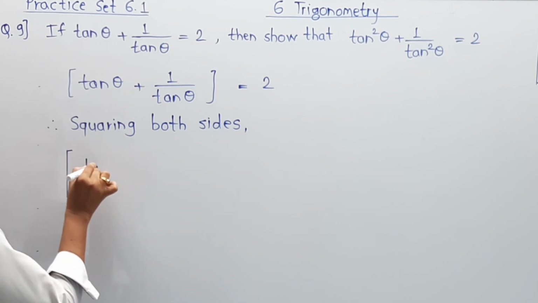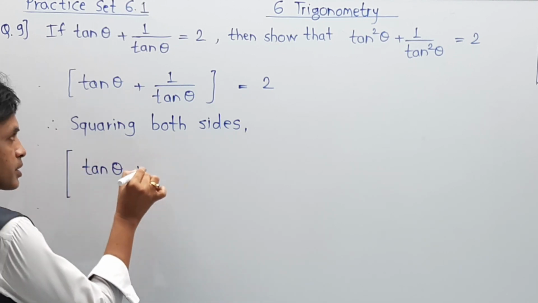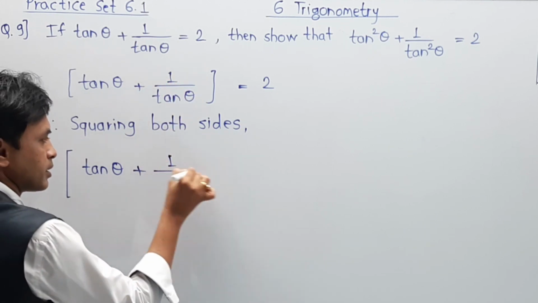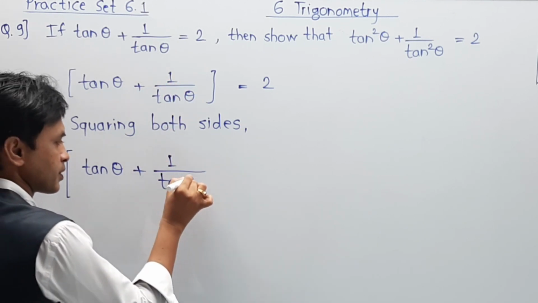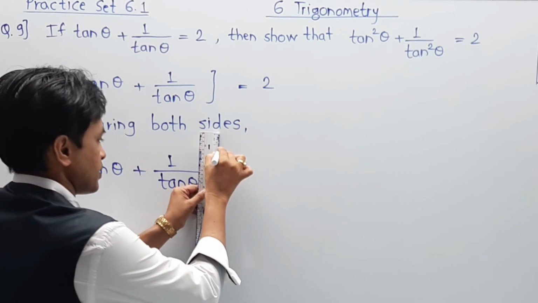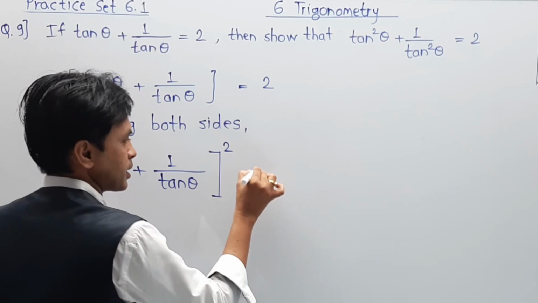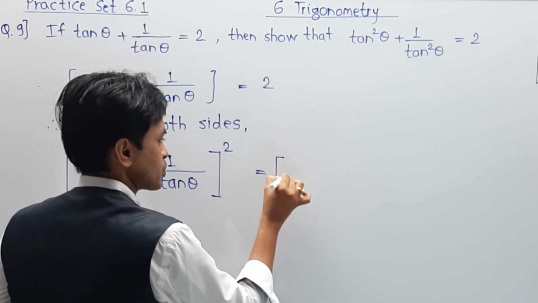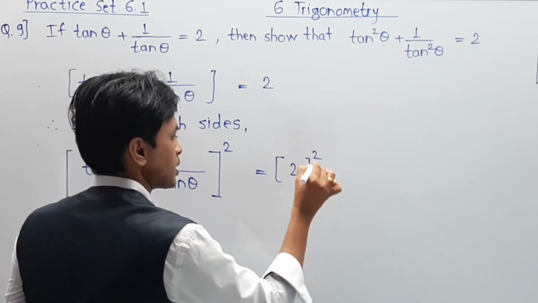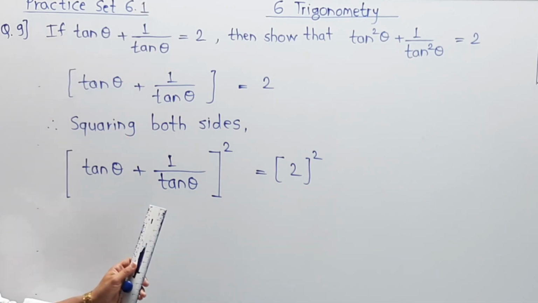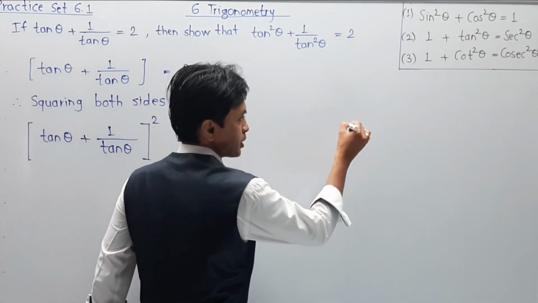So this step is now tan theta plus 1 upon tan theta, bracket square, is equal to 2 square. Now for the square expansion in the form of a plus b bracket square, you need two formulae.